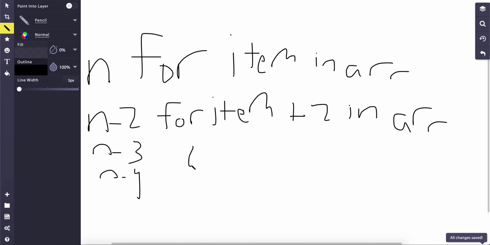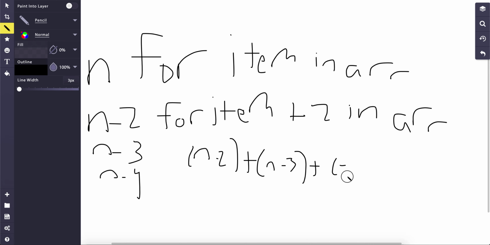So in the end, it would be something like n minus 2, then plus n minus 3, plus n minus 4. And this would be n times. So we would essentially have n squared minus a constant.